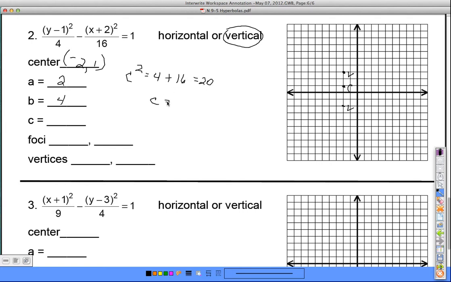So c is the square root of 20, or about 4.5. So we go along this same line from the center, 1, 2, 3, 4.5, and that's a focus point. And from the center, 1, 2, 3, 4.5, and that's another focus point.